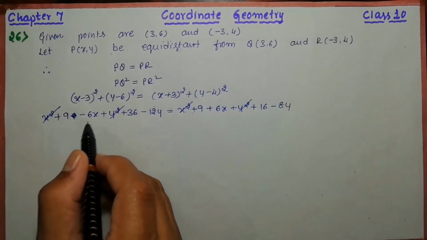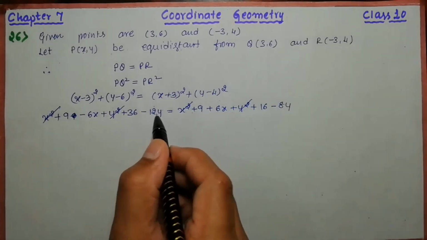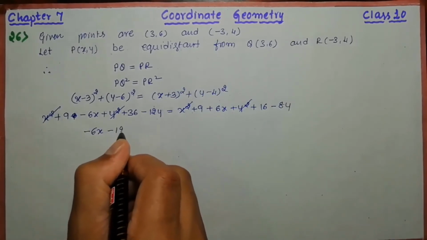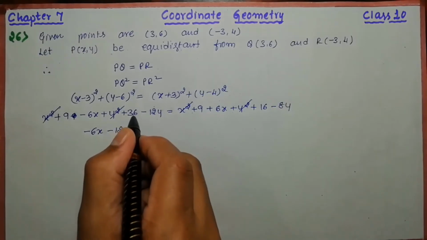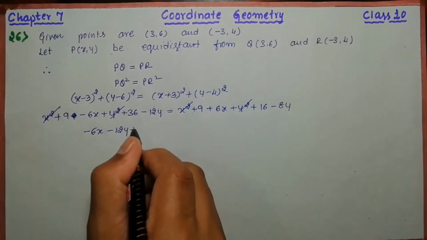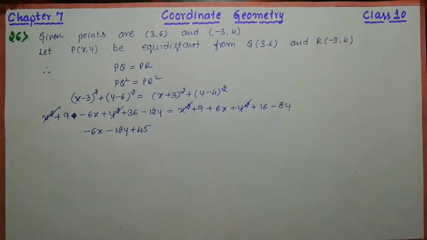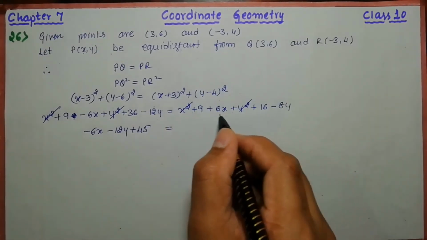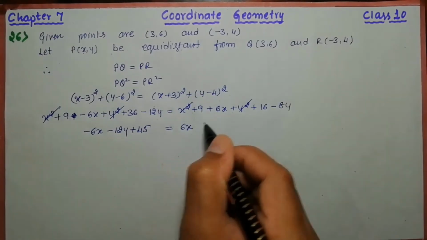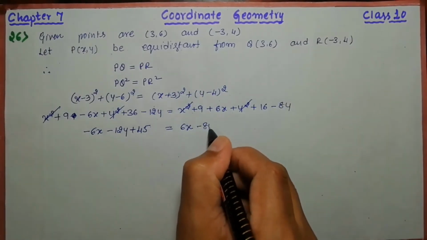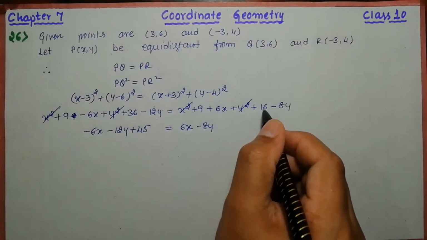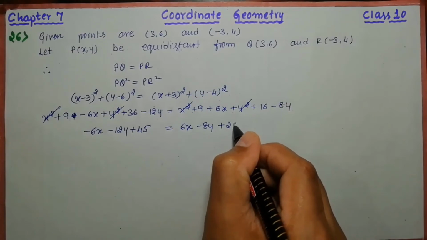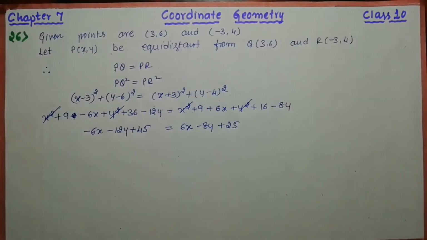I'm going to write in a particular order: minus 6x minus 12y, and here 36 plus 9 becomes 45. On the right hand side, first write x: 6x, then minus 8y, and the remaining thing, 16 plus 9, becomes plus 25.